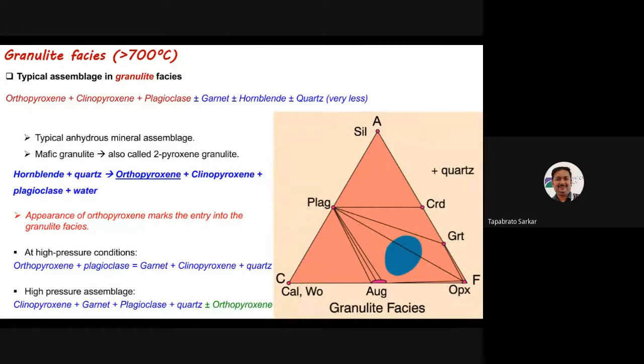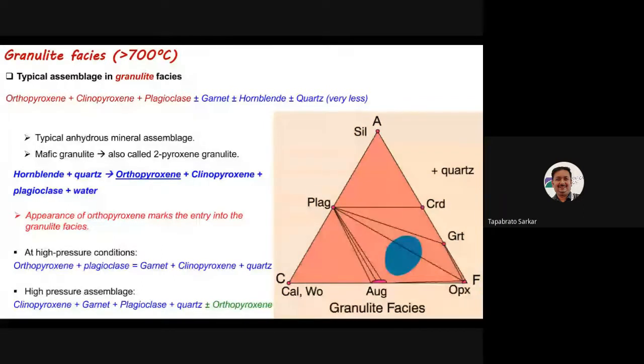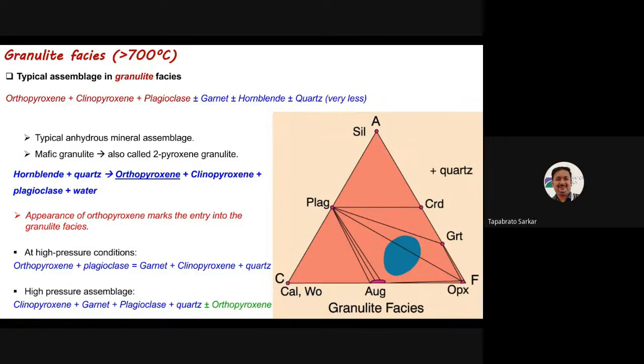So what we have done in this ACF diagram is that we have joined all the mineral assemblages which can coexist together.